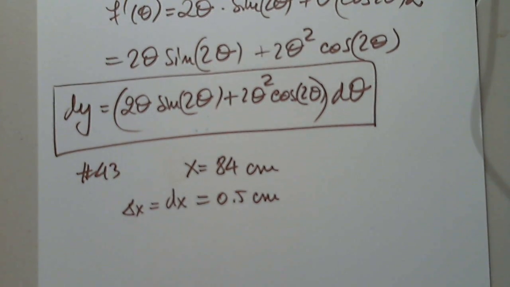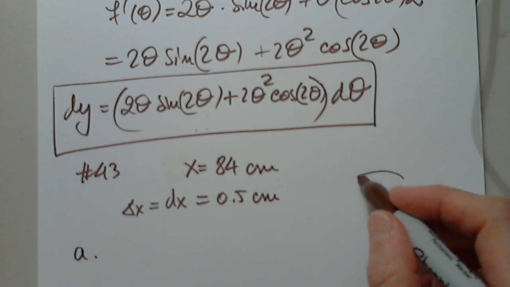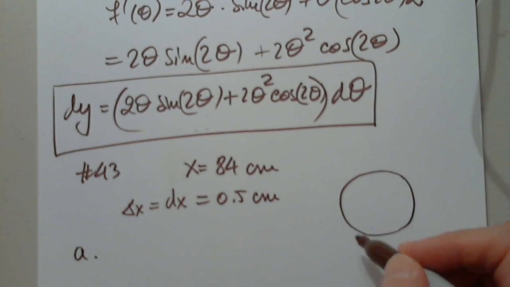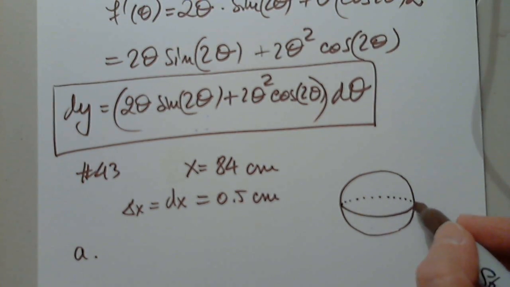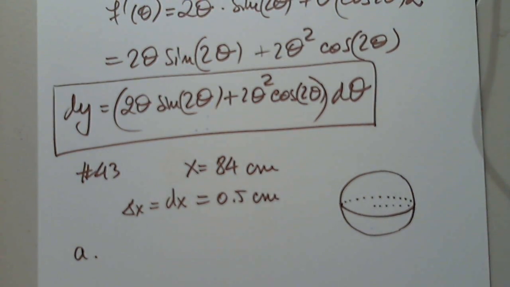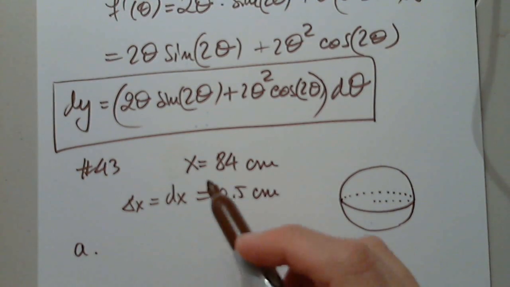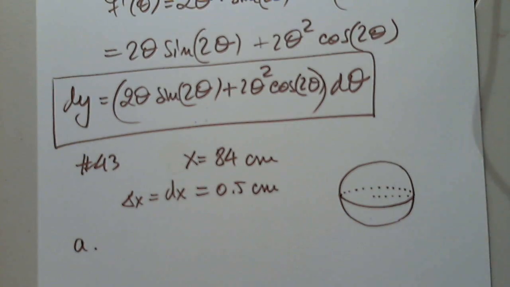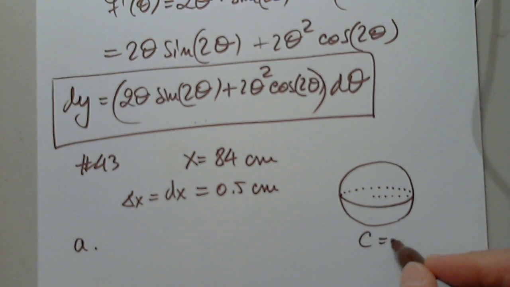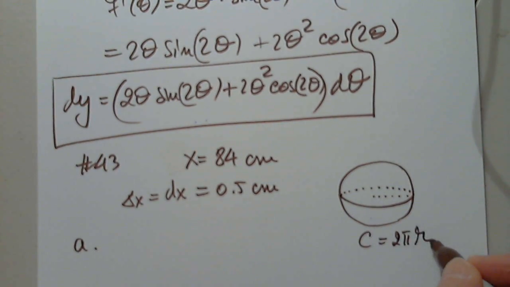Okay. So here's a sphere. And the circumference, it's the circumference of a circle. So we normally write c equals 2 pi r.